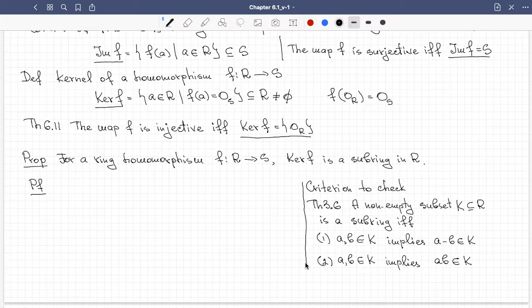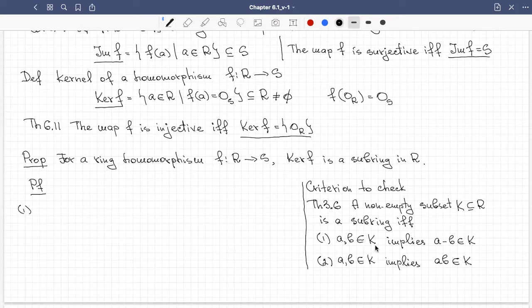Let us check that for the kernel of a homomorphism as a subset of R. The first condition, what does it mean?